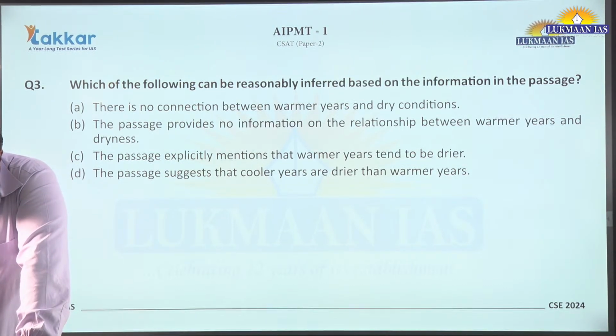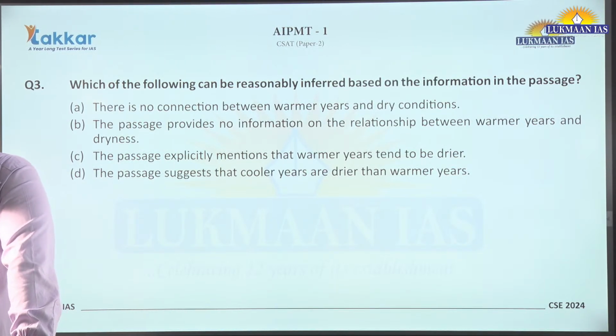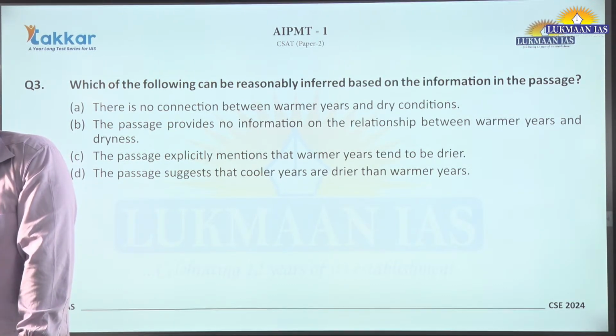Option C: tropical regions are colder. It is written in the passage that there is warmth in tropical regions. Isn't it? Yes, sir. So option C is incorrect. Option D suggests this. Is this right or wrong, Vijay? Yes, sir, right, sir.